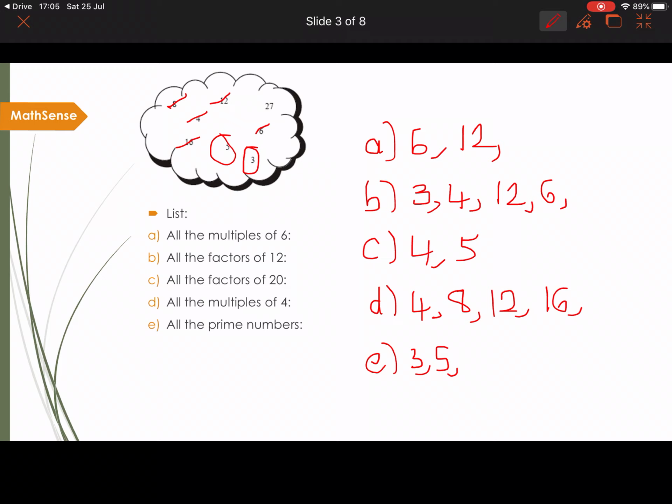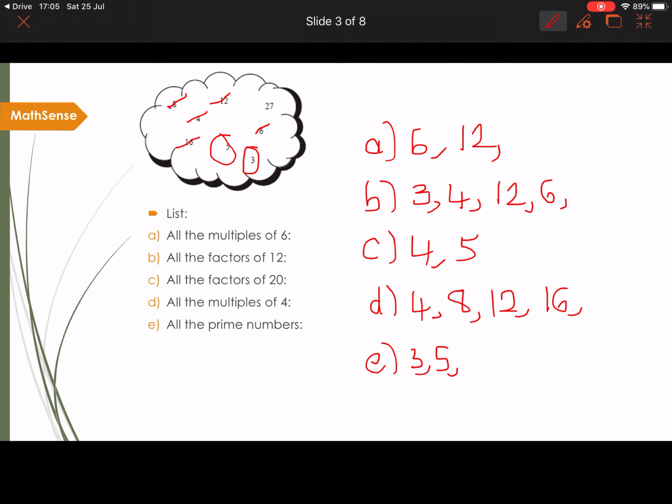And if 2 goes into them, then it can't be a prime because a prime number only has 1 and itself. In fact, the only even prime number is the number 2 because every even number after the number 2 is a multiple of 2.